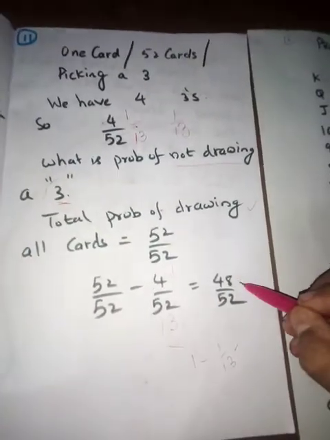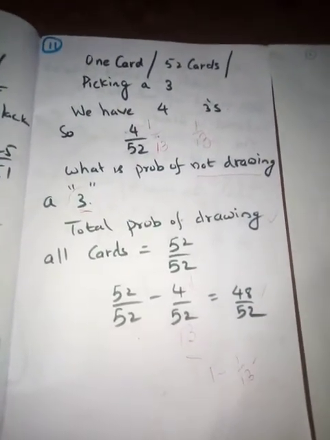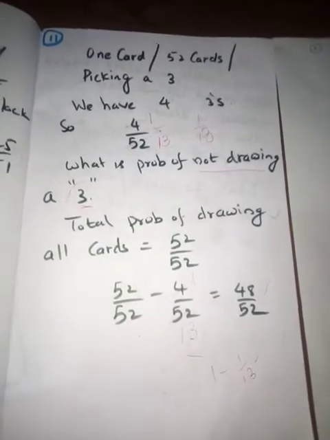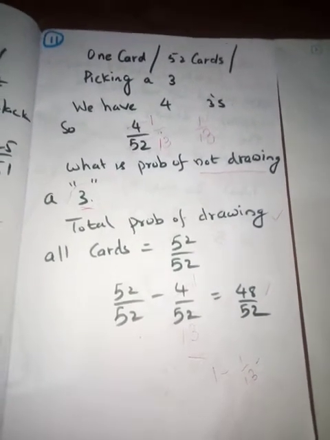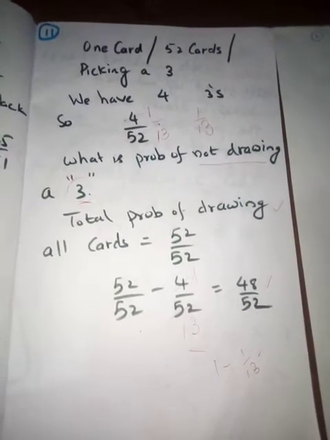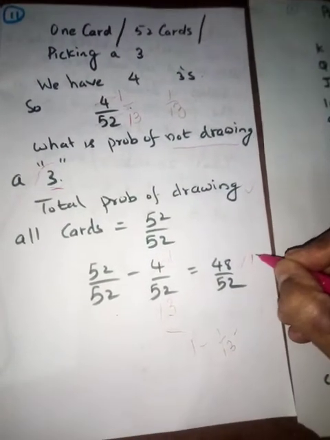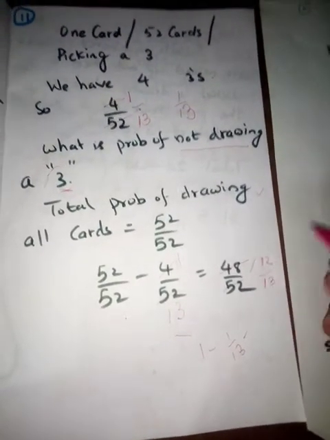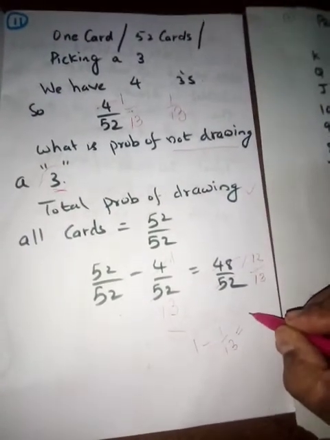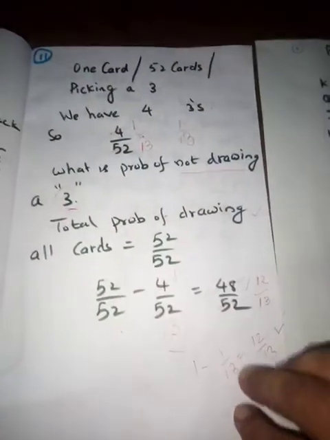The total is 48 by 52, which is 12 by 13, nothing but 13 minus 1, 12 out of 13. It is the same as this. Let me go to the next one.